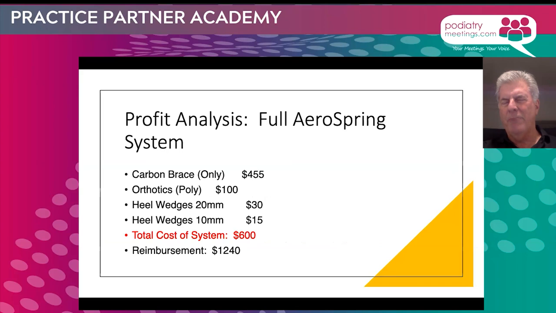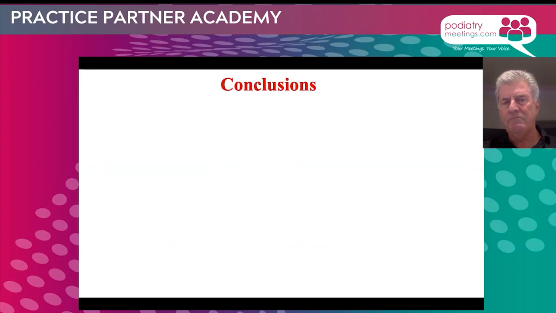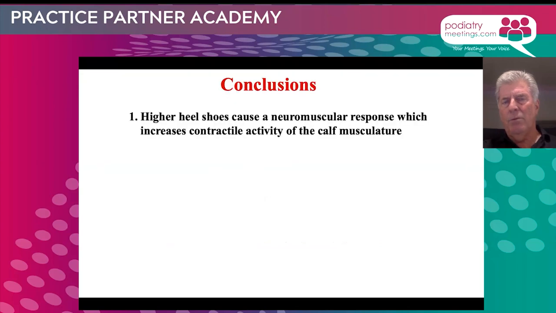You can almost make a $600 profit from the overall system. So that's a real favorable thing. More importantly, we get good results when we use this system because we're using the science to apply to the various aspects of it.